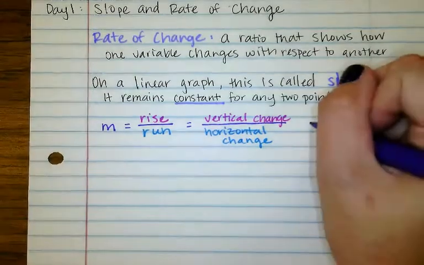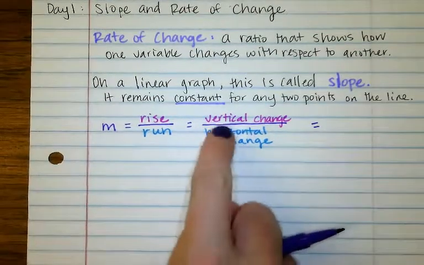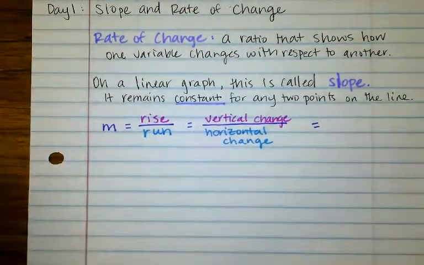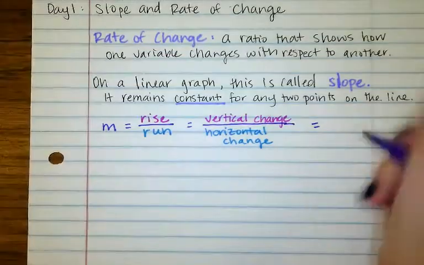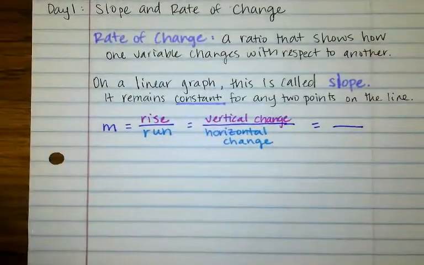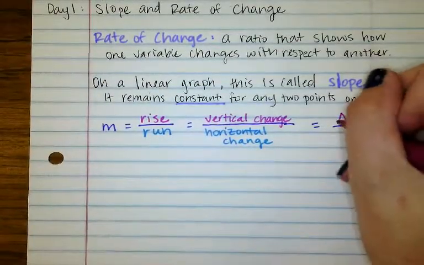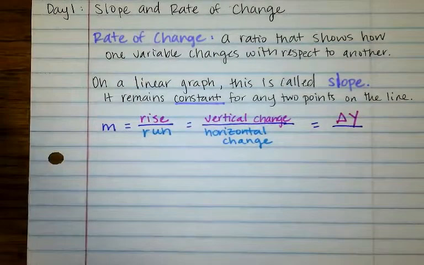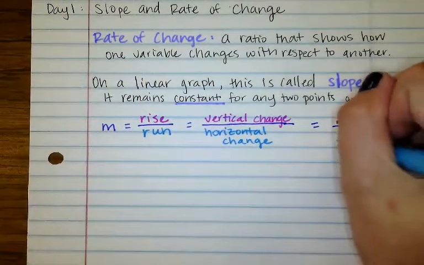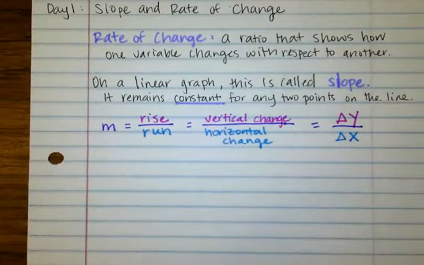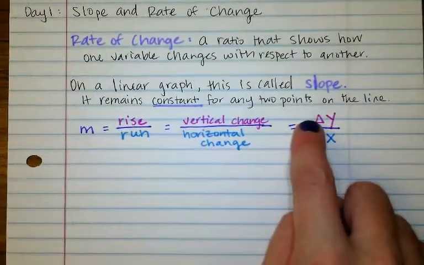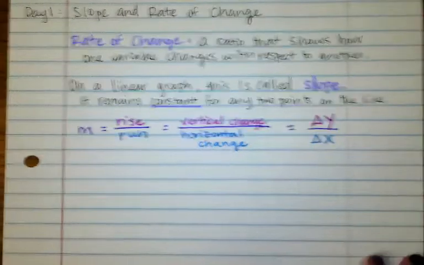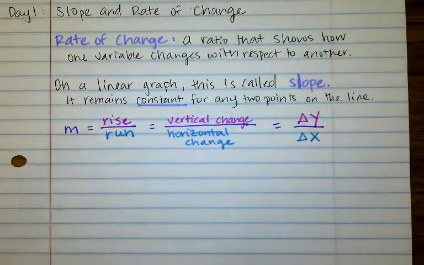And another way that we can write that, I will probably never write out the words vertical change over horizontal change, just because that's a lot of letters, right? But I will write it out as this right here. Delta y over delta x, okay? And that means the change in y over the change in x, okay?